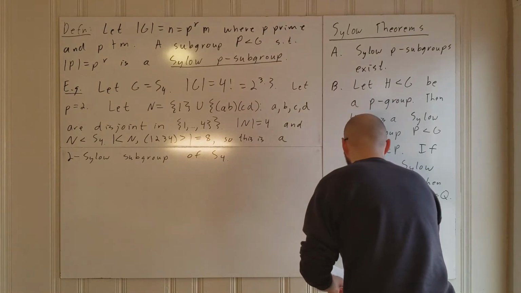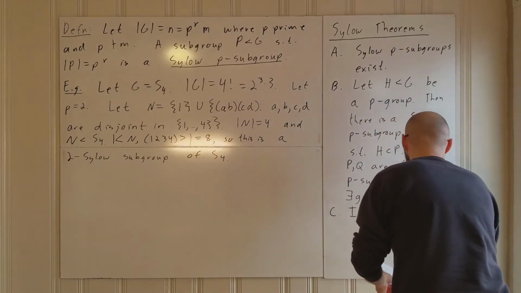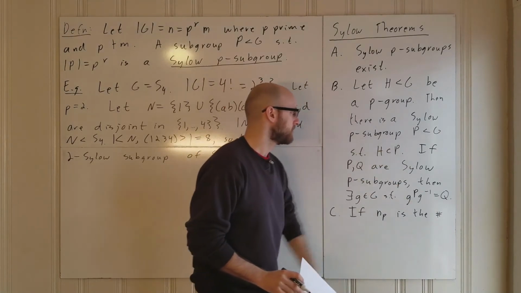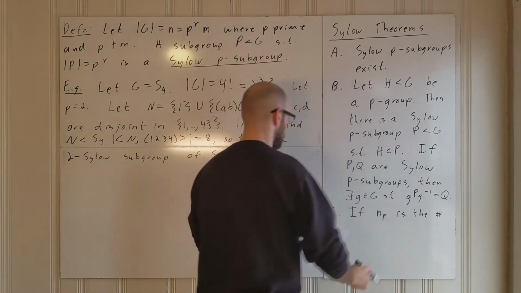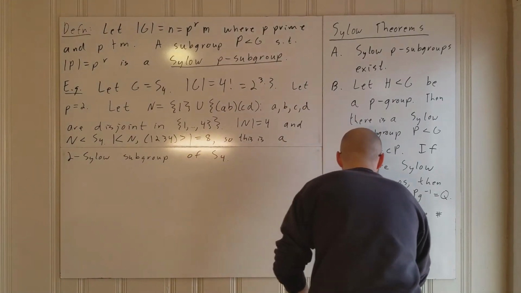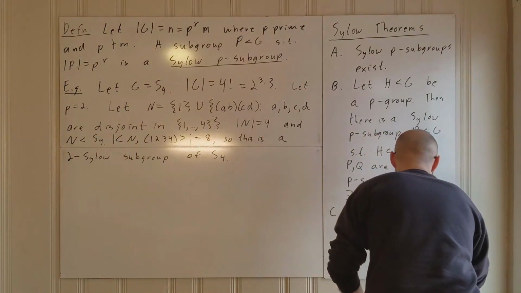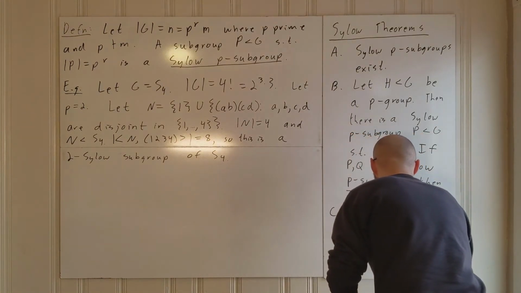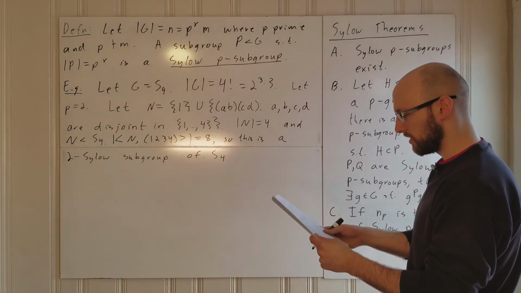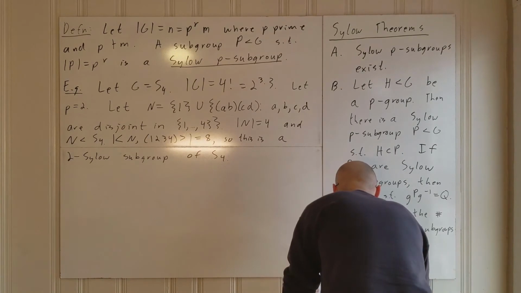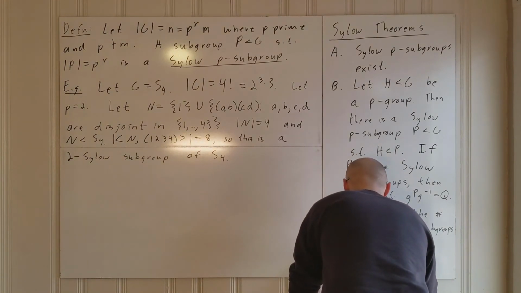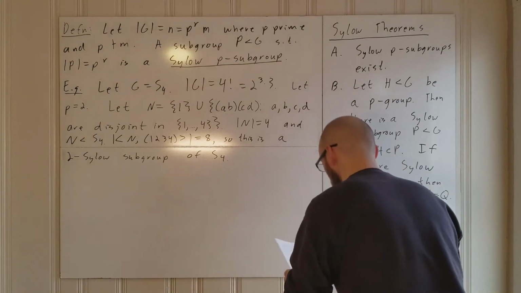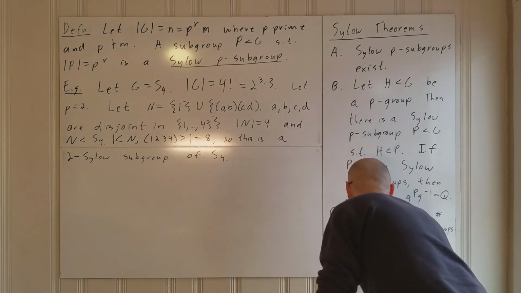If n_p is the number of Sylow p-subgroups of G, then we have two really useful facts. n_p is going to be equivalent to 1 mod p, and the other thing is that n_p is going to divide m.